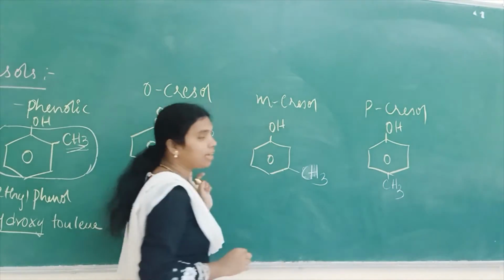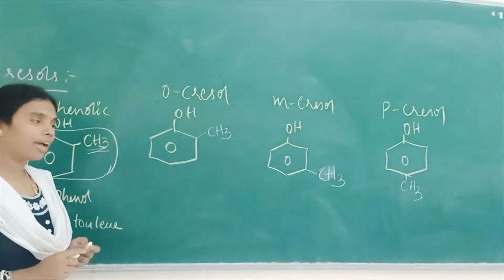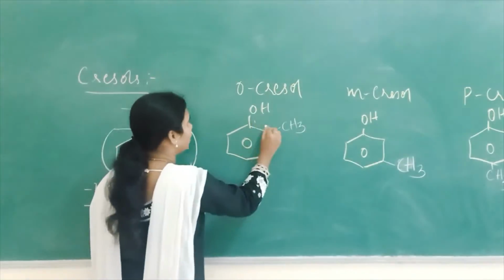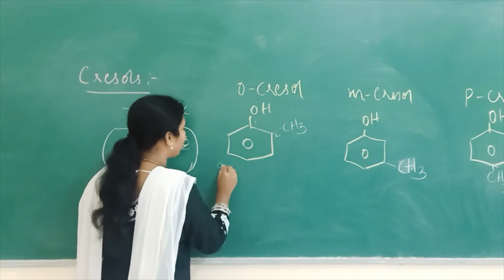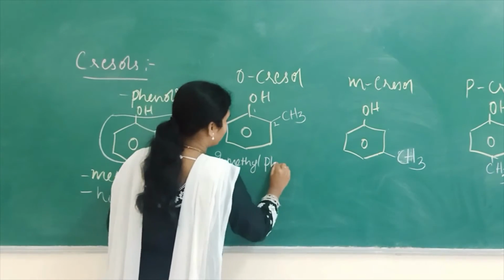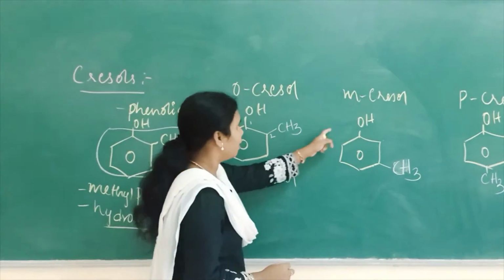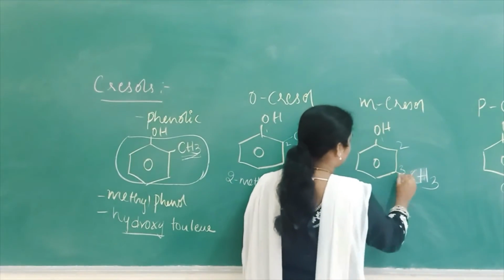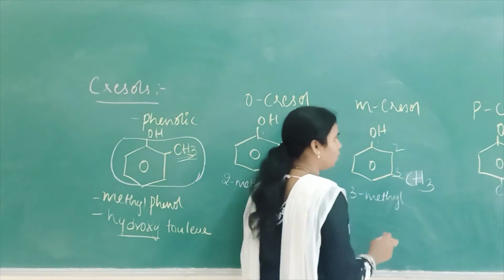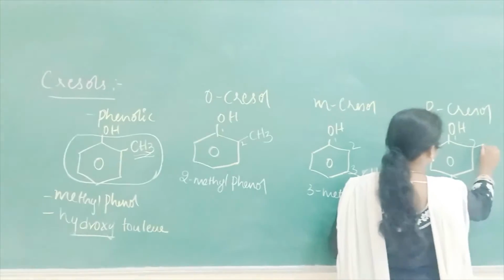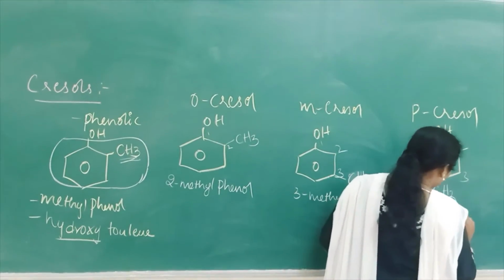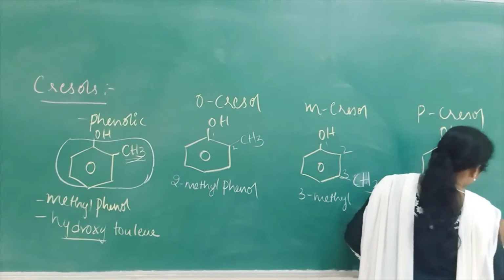So these are the three isomeric structures of cresol. For orthocresol, when you give numbering, this is 1 and this is 2, so you can also write it as 2-methylphenol. When you give numbers 1, 2, 3, this is 3-methylphenol, and this is 1, 2, 3 and 4, so it is called 4-methylphenol.